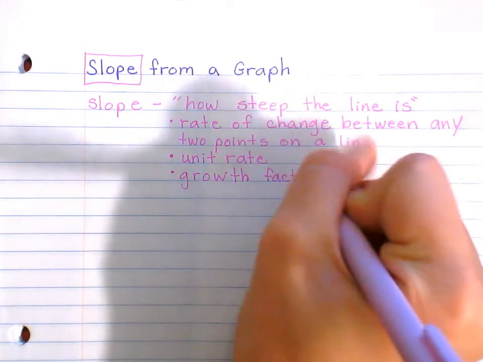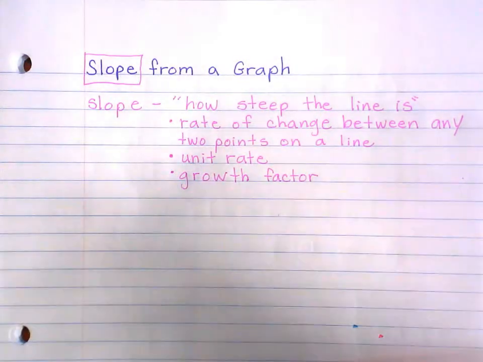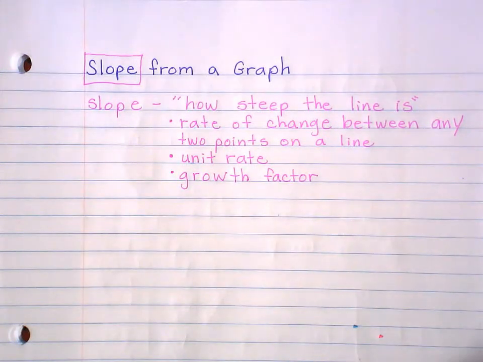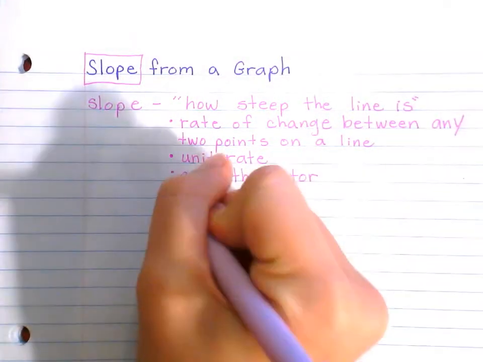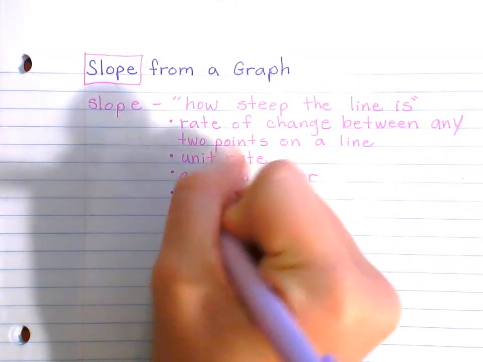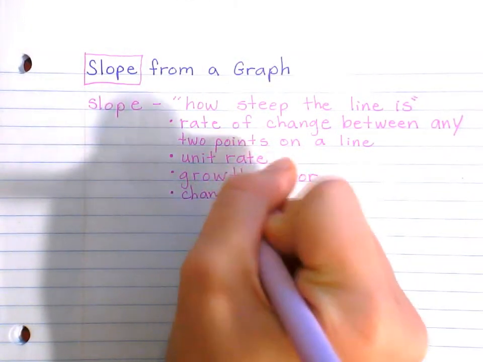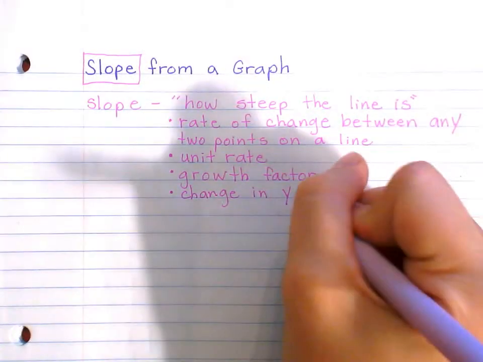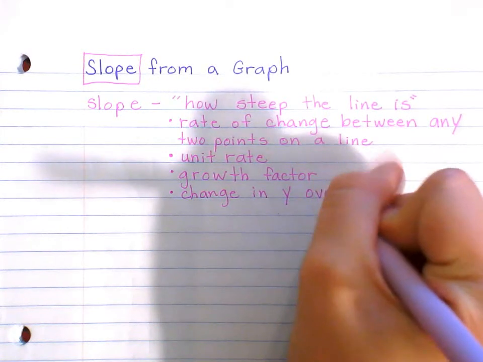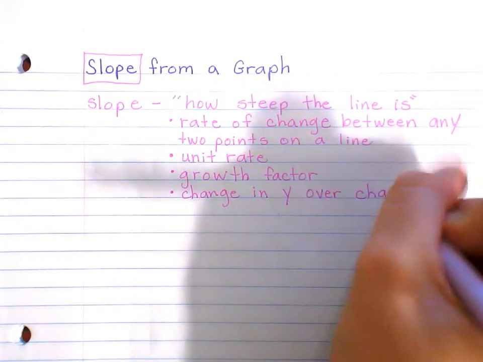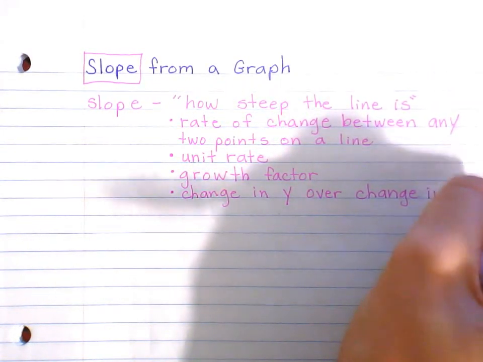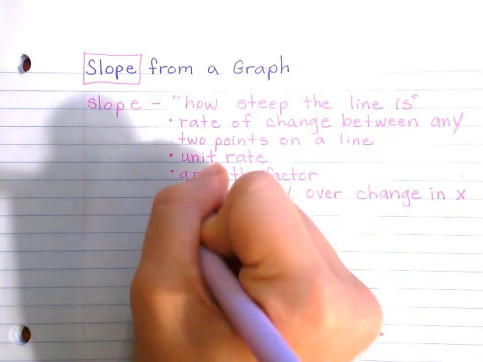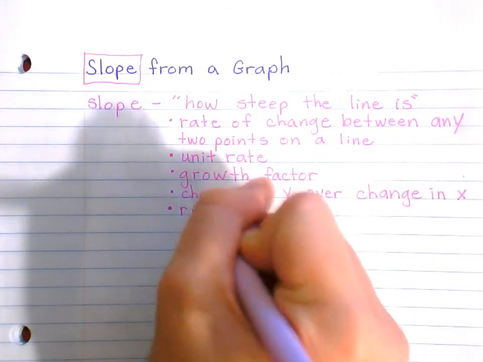What's the unit rate? At what rate does it change for each unit? Okay? Other words. Change in y, how much the y changes, ups and downs, over change in x. Or you might also have heard rise over run.